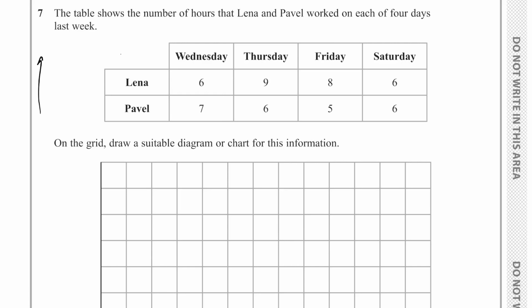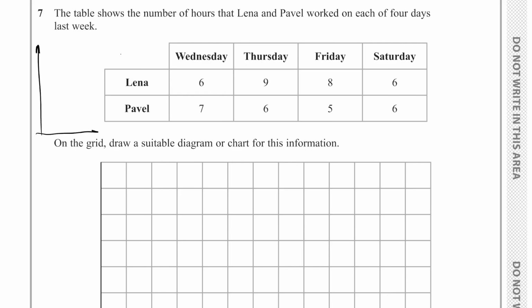So a dual bar chart is we'll have 2 bars, one for each of them for both days. The bars would go next to each other, and it will look something a bit like this, with one bar for Lena, one for Pavel. Or a composite, we would have one bar split into two.